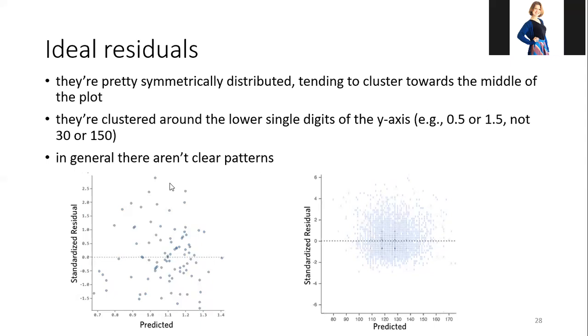So what about ideal residuals? They are symmetrically distributed, tending to cluster toward the middle of the plot, and they are clustered around the lower single digits of the y-axis. So they are close to 1 or 2, because when they have a high value, it's not very good.